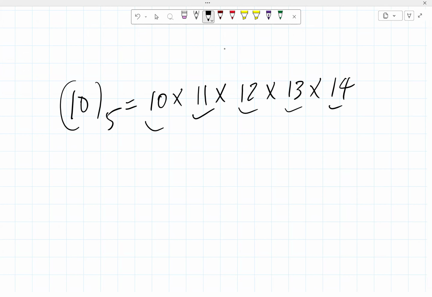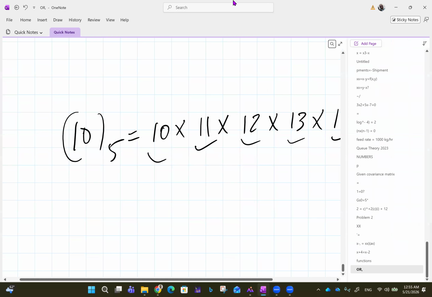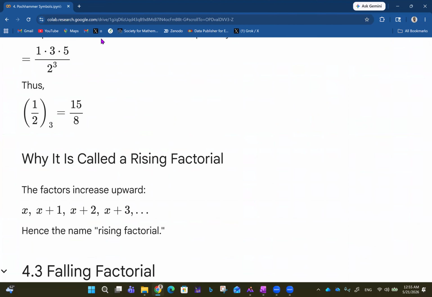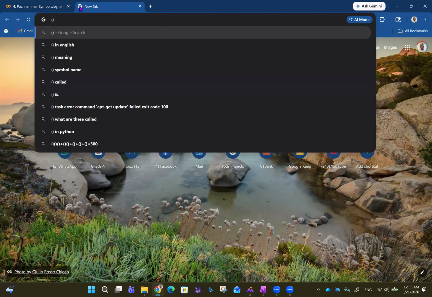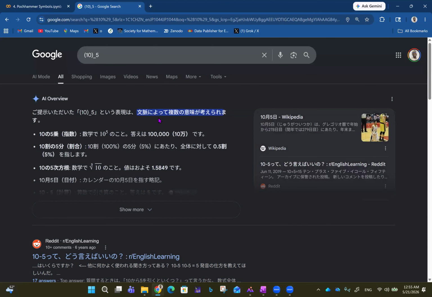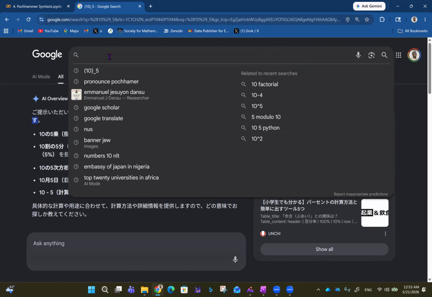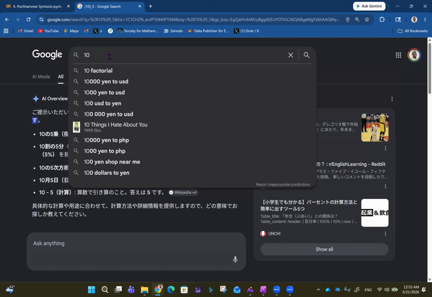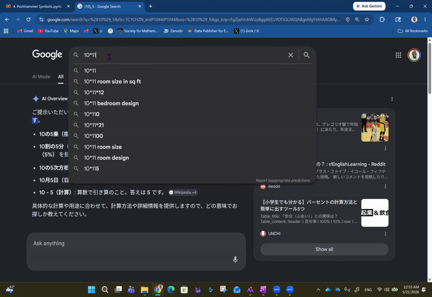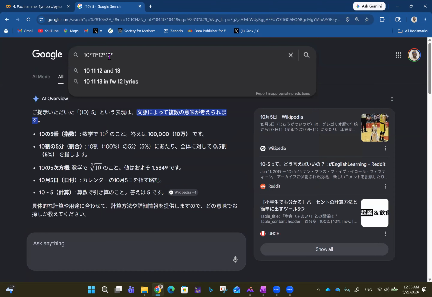So what does that give us? Let me see if Google can do it directly. 10 sub 5. Let's hope it recognizes the idea. I'm not sure if it recognizes the Pochhammer symbol, but it's okay, let's just do the normal thing. 10 sub 5 means we have 10 multiplied by 11, multiplied by 12, multiplied by 13, multiplied by 14.